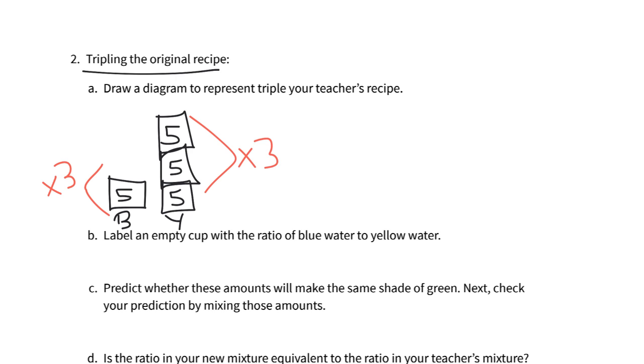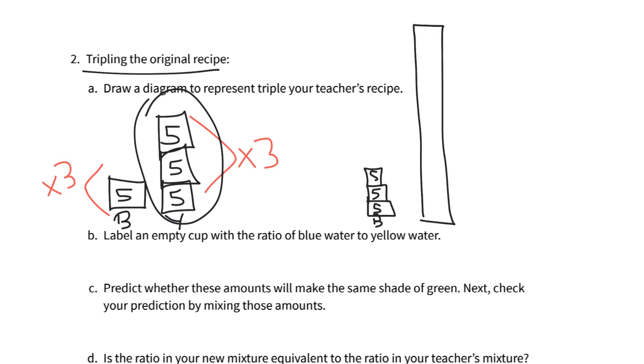So let's do that. Let's draw it. It's going to go over here. So 5, 5, 5 for the blue. And goodness, we're going to triple this, which means we're going to have 9. And inside each of those represents 5, I think it was milliliters.